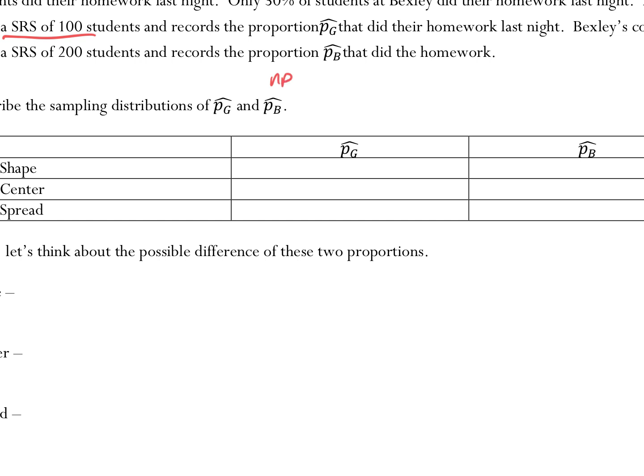N times P and N times 1 minus P. Yeah? What about those? They have to be greater than or equal to 10. So for Grandview, we would do 100 times 0.7, which is 70, and then 100 times 0.3 is 30. Those are greater than or equal to 10. So we can say that the distribution of Grandview P hats is approximately normal.